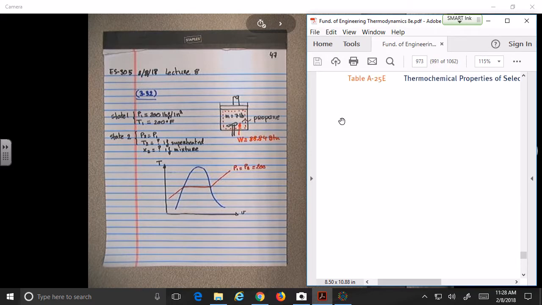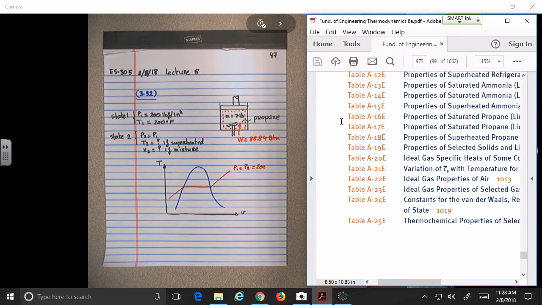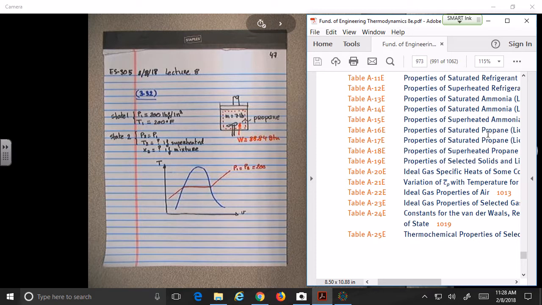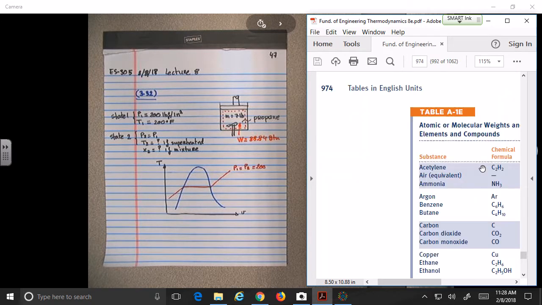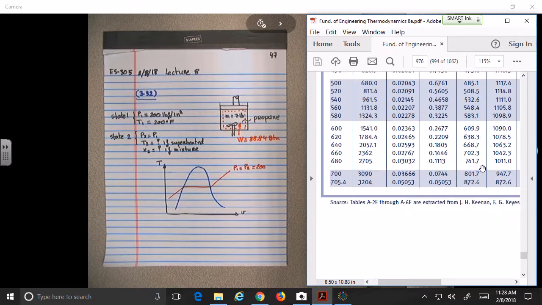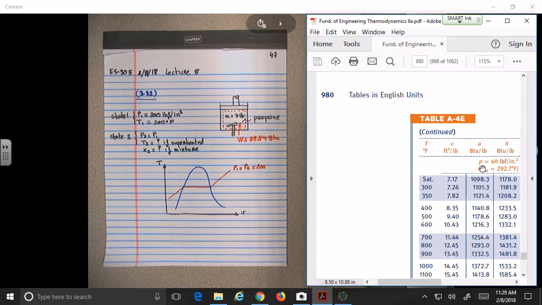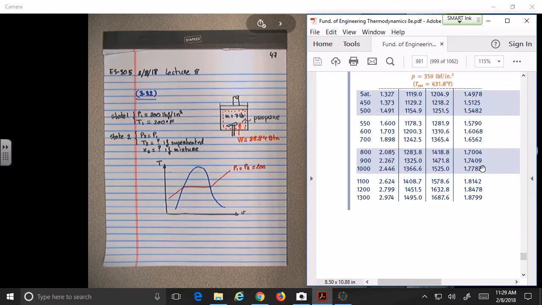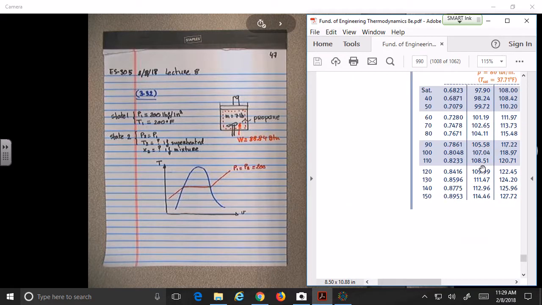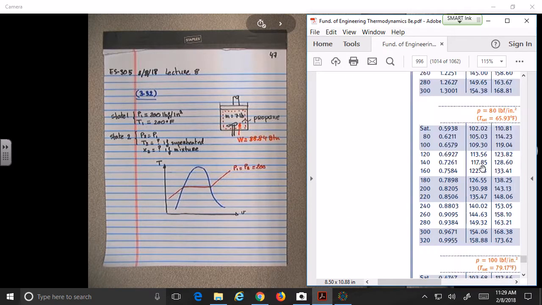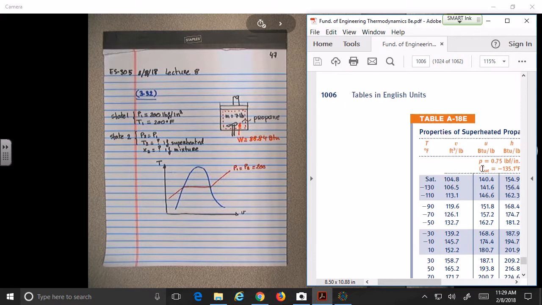Okay, A E. So let's see, propane looks like here. I'm guessing it's A16E. So probably we're going to have to go A17E, I'm guessing, because generally they give first the ones of the temperature, then the ones of the pressure. So which one am I going here? A4. A12. A18, I went too far.